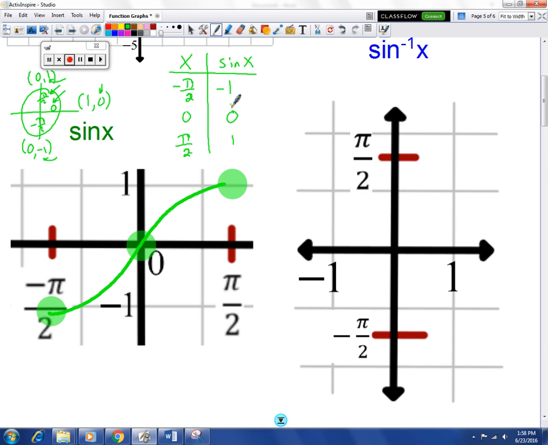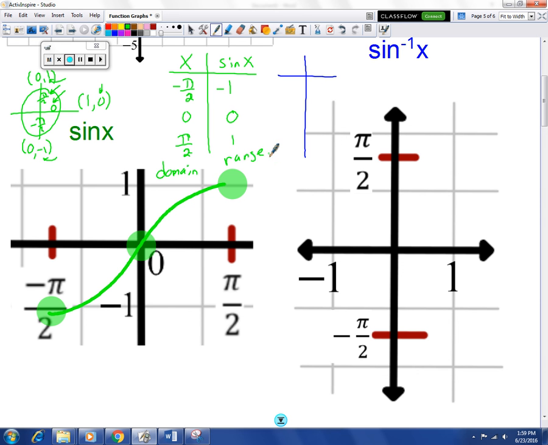So when we want to graph an inverse function, we change over our domain and range. The negative pi over 2, the 0, and the positive pi over 2, that's our domain for regular sine, and the negative 1, the 0, and the 1, that's our range for the function.